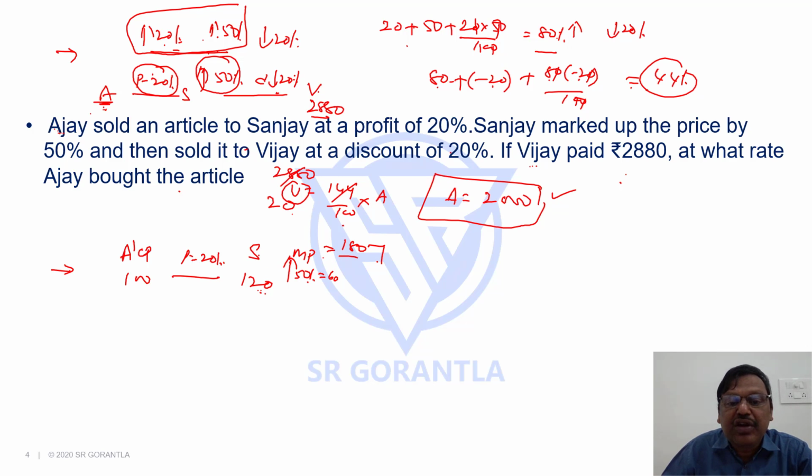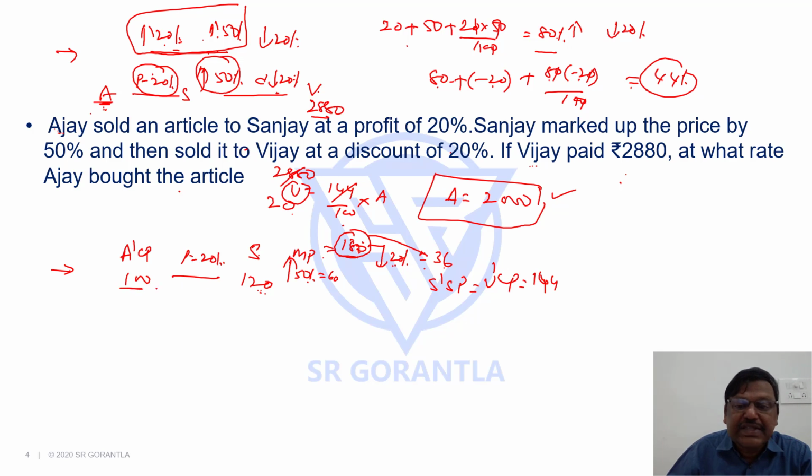Then he gave a discount of 20%. Discount is always given on the market price. If the market price is 180, 20% of 180 will be 36. 10% is 18, 20% is 36. 180 minus 36. Finally, market price minus discount gives you the selling price. Sanjay's selling price, which equals Vijay's cost price, will be 180 minus 36, 144.